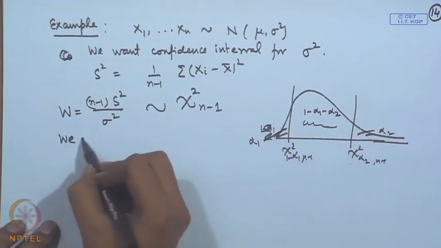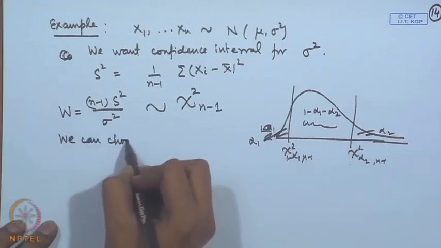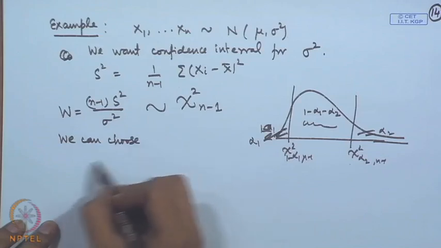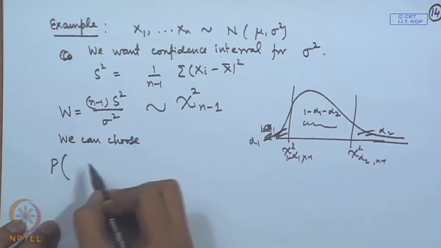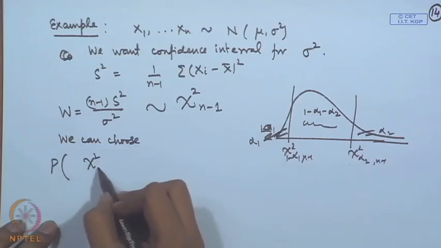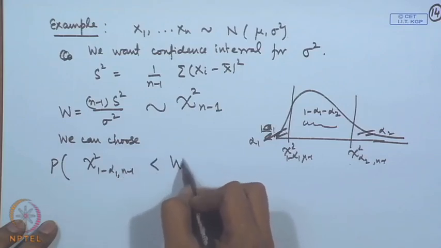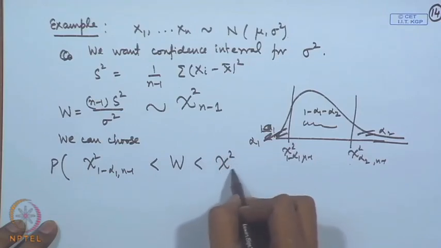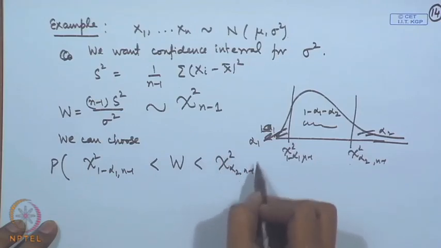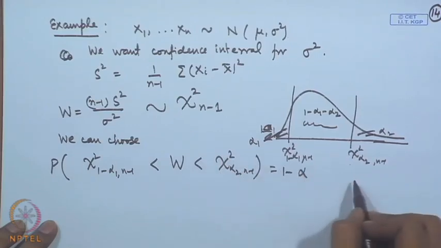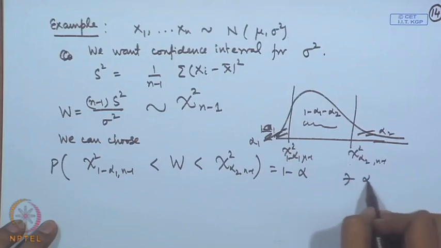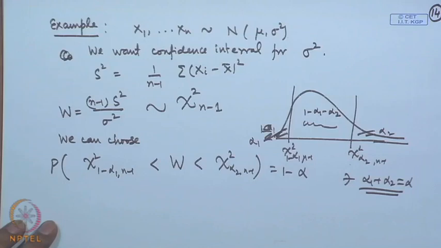So, we can choose probability of chi square 1 minus alpha 1, n minus 1, less than W less than chi square alpha 2, n minus 1, is equal to 1 minus alpha. That means alpha 1 plus alpha 2 is equal to alpha here.